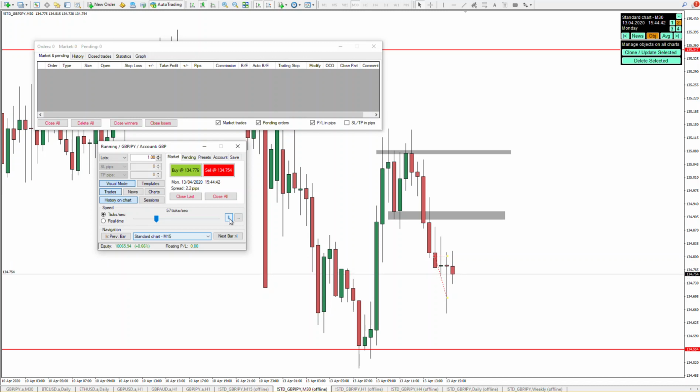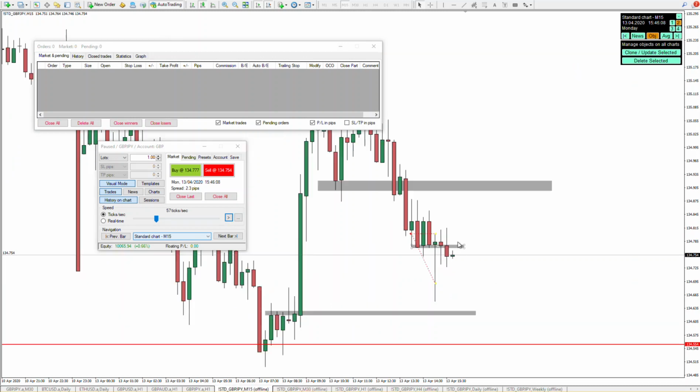So that was an awesome decision. M15 closed bearish, rejecting this area. M15 closed outside of its range. It's 10 pips for a 7 pip stop.